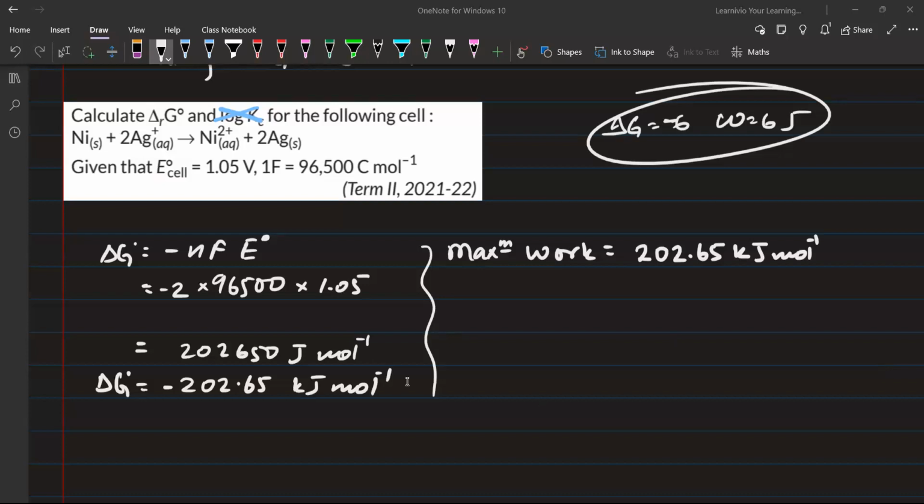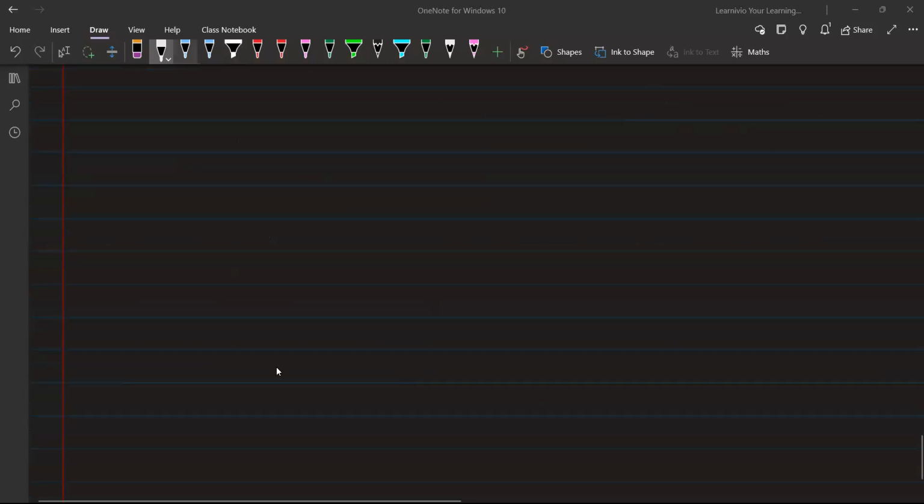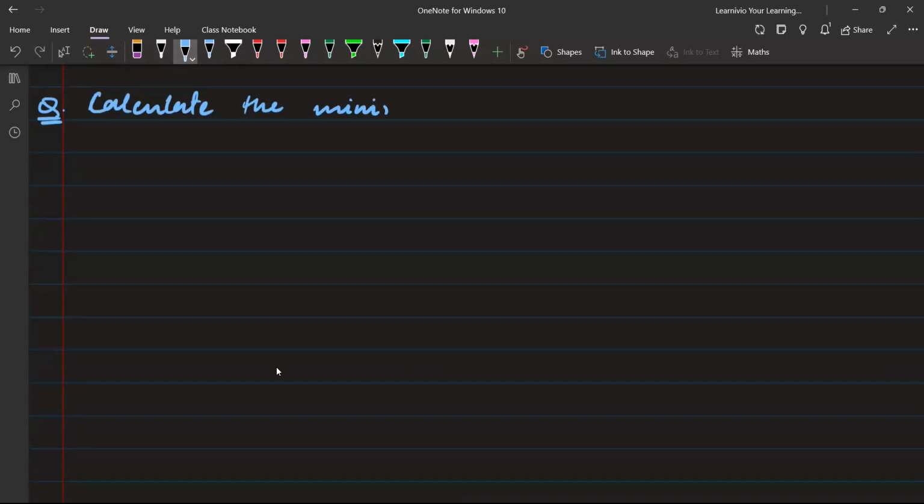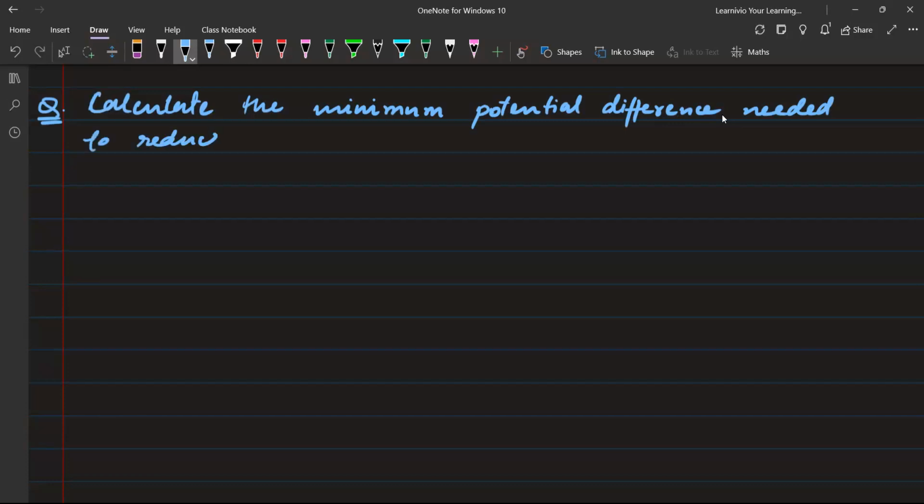One more question, write down the question. Calculate the minimum potential difference needed to reduce Al2O3 at 500 degrees Celsius.